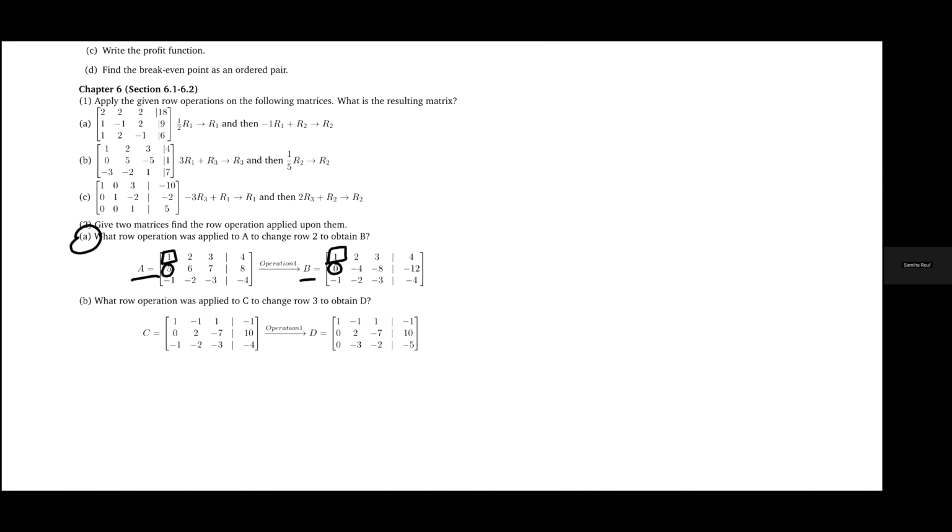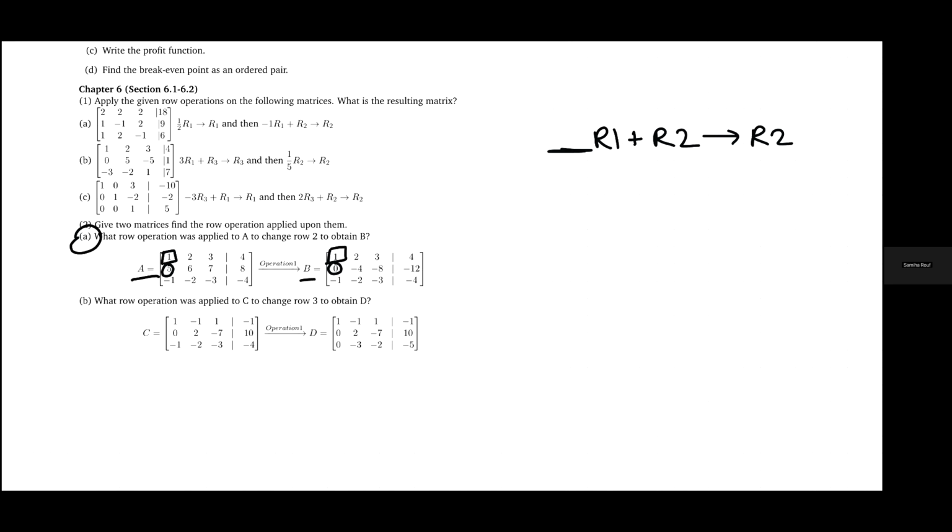So the row operation that we need here would be what? Well, row 1 is our pivot row. And we're zeroing out in row 2. So that means to replace row 2. So something is being multiplied to row 1 to do this row operation.